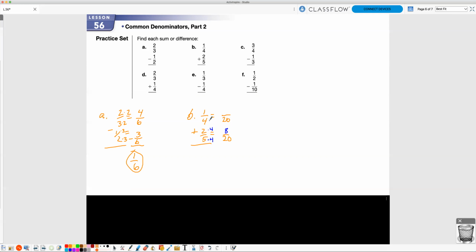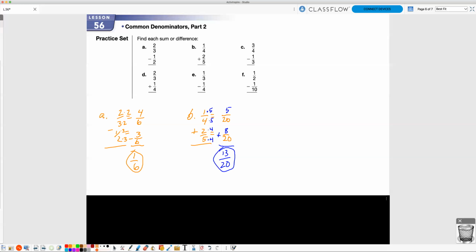And this one was 4 times 5. So I have to do that in the numerator, 1 times 5, so there's 5. And I'm adding, so I'm going to make sure I add 5 plus 8, which makes 13. And then there'd be 20. 13/20. And that cannot be reduced, so that's the end result.